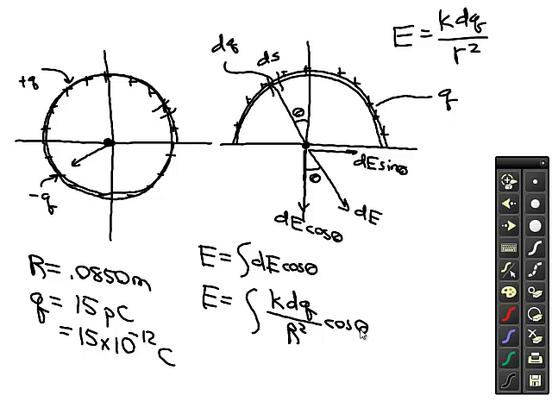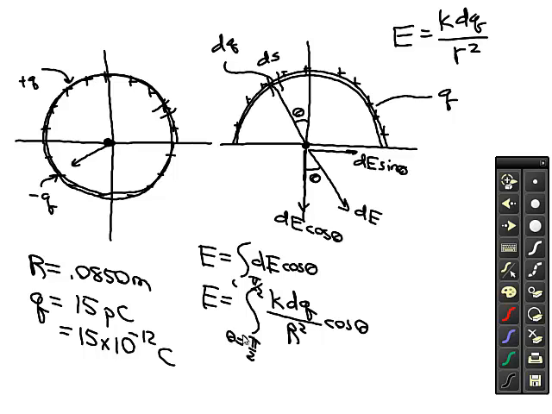Now, this is why I wanted to do this with you, because you might have, but I don't think you would have thought of this. We're actually going to integrate this thing from theta equals pi over 2 to, oops, I did it backwards, didn't I? Theta equals negative pi over 2 to pi over 2.